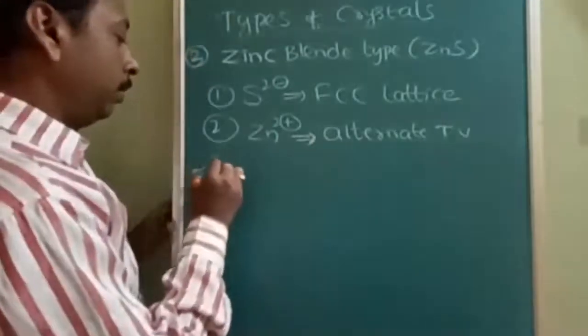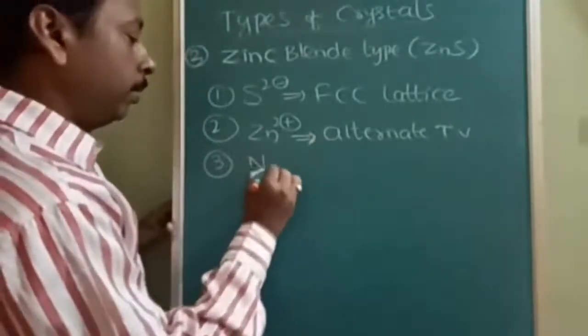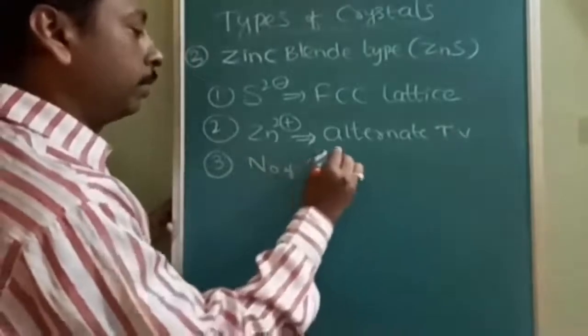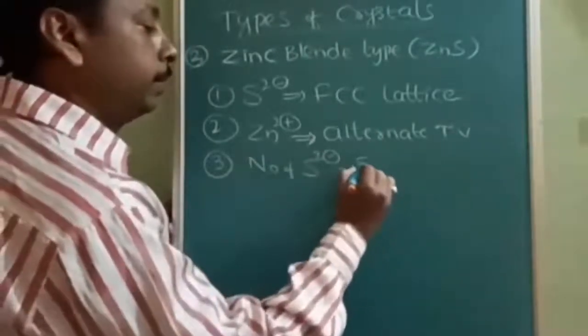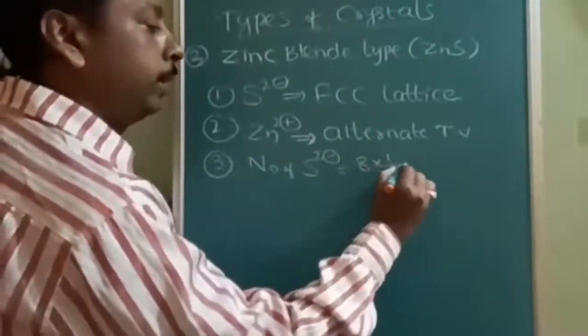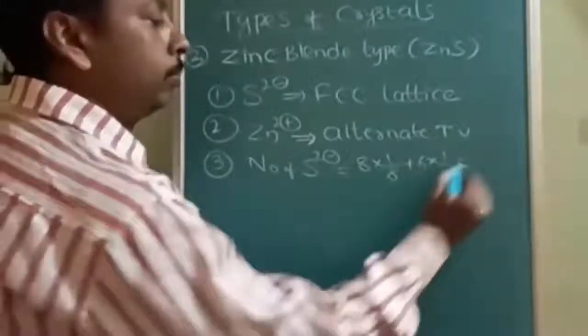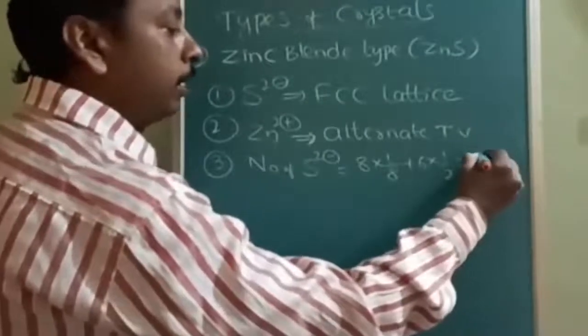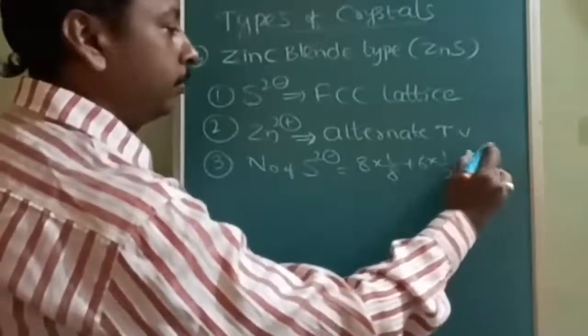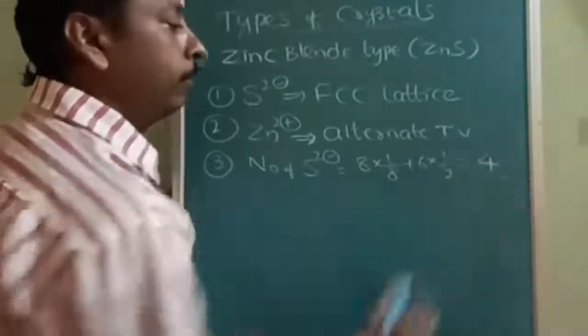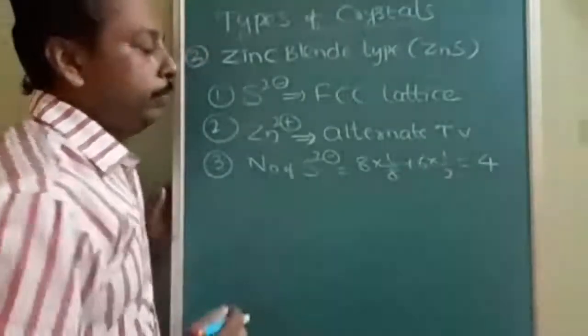Now, what is our next point? Number of S2 minus is equal to FCC, so 8 into 1 by 8 plus 6 into 1 by 2. How much is it? Tell me. Number of S2 minus will be 4. 3 plus 1, 4.